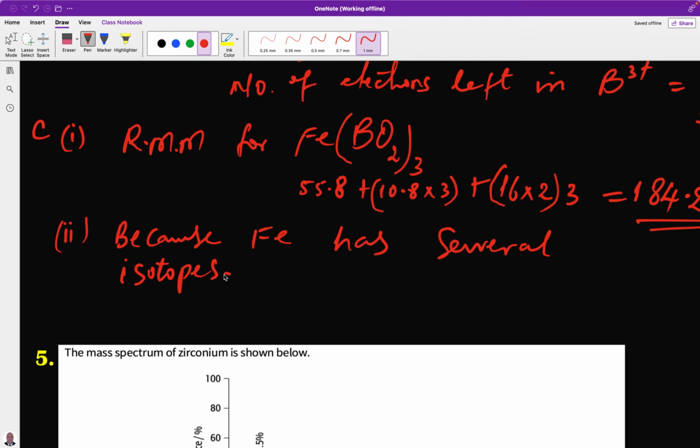So when we take an average of all these, it won't give us a whole number, but the number will end in decimals. So the simplest reason you can give for this answer is because iron has several isotopes. It takes us to question number 5, the last section of it.